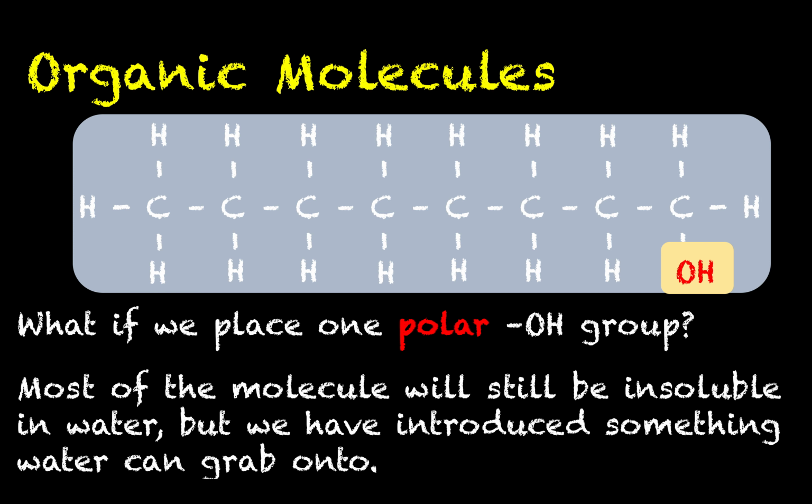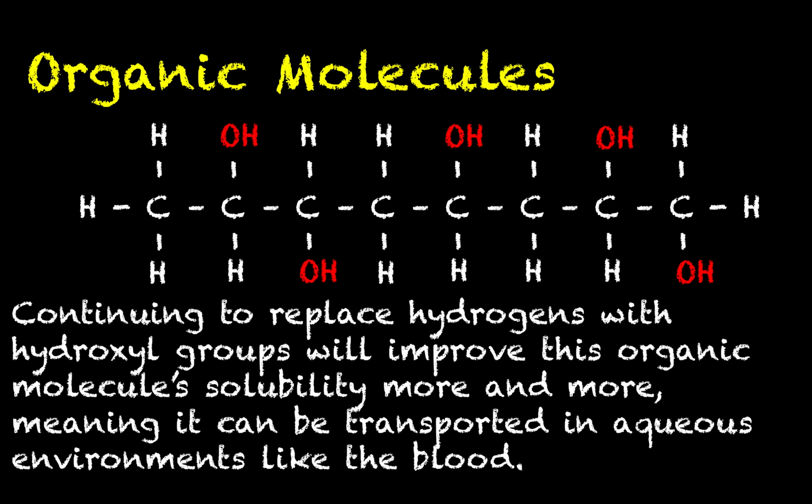But what we've done here is introduce something that water can latch onto. So this whole molecule is still not going to be very soluble, but we have started to lay the groundwork for how this molecule could, if we start modifying it over time, eventually become soluble in water.